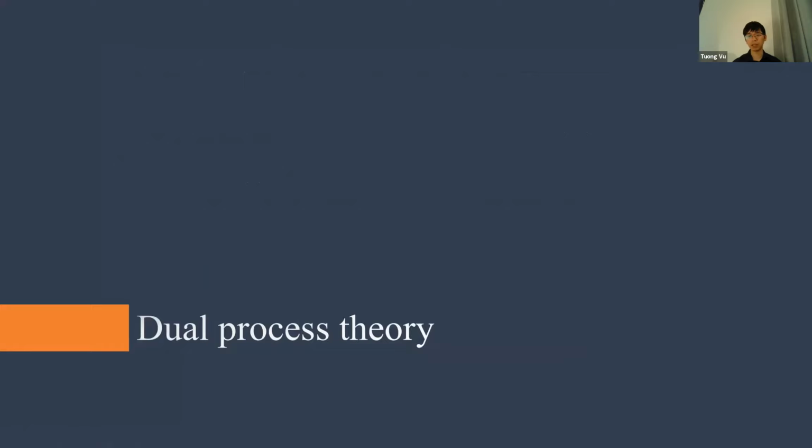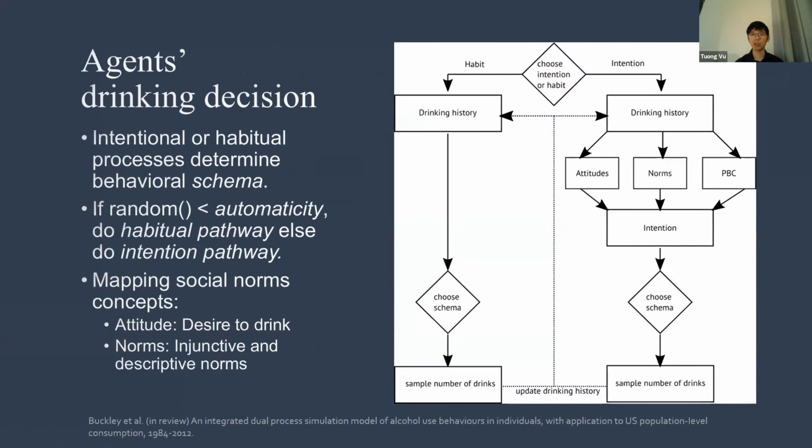Okay, so those are all the mechanisms. In our models, in order to map different theories into the agents, we designed a dual process for agent decision making. Every time step, the agent has to follow either the habit pathway or the intention pathway. The habit pathway is on the left-hand side here. If they go to the habit pathway, they just follow their drinking history.